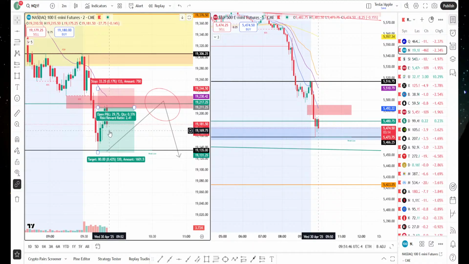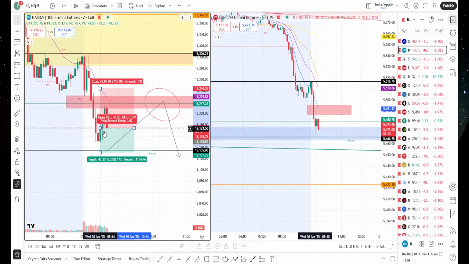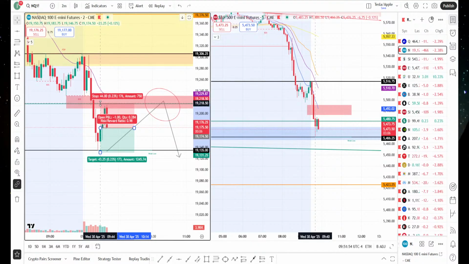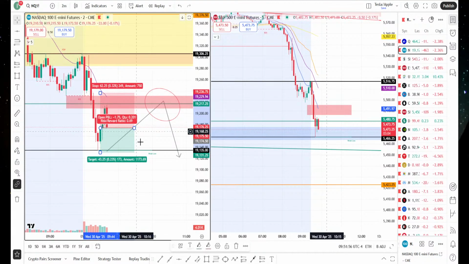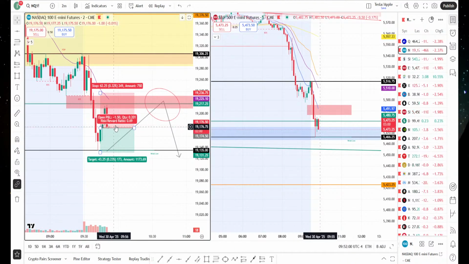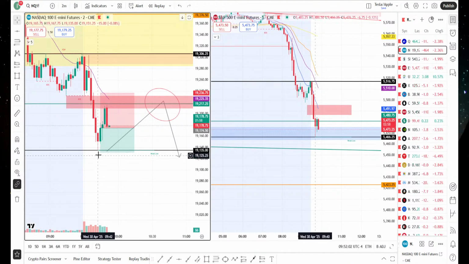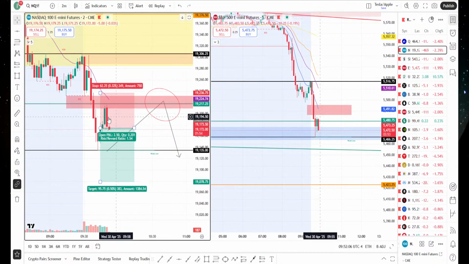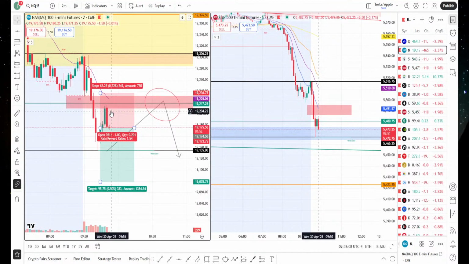Because if the red candle closes strong, then my entry is going to be lower, and my stop is going to be inside here or behind the zone. So my stop needs to be further if I wait for confirmation. That's something to consider. It's just hard to predict when the market's gonna move without it having moved yet.